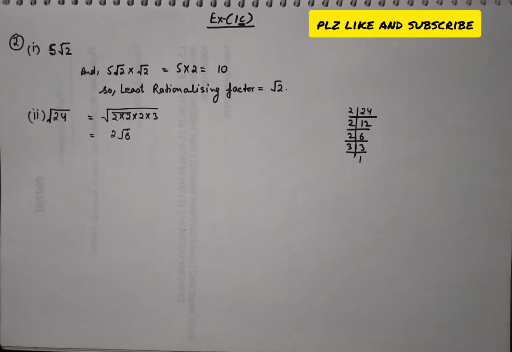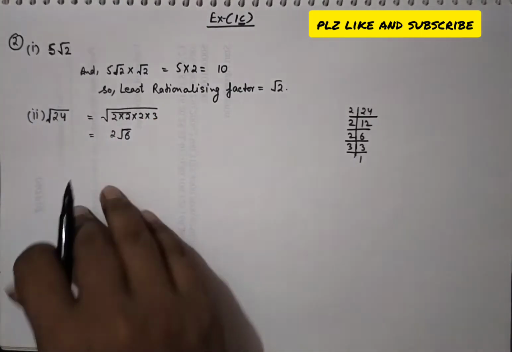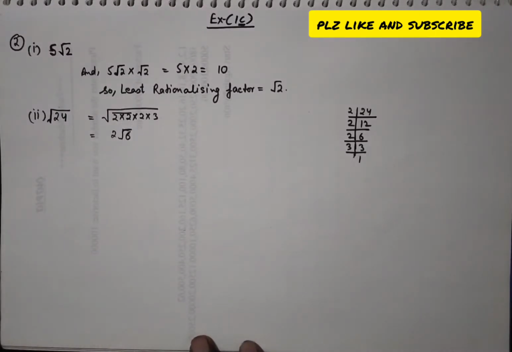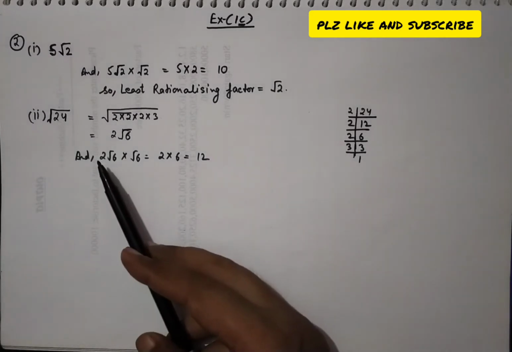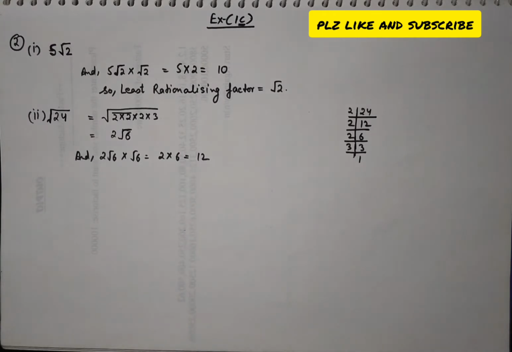And now we will multiply this 2 root 6 by root 6 to get a rational number. As you see over here, 2 root 6 is multiplied by root 6 to get 2 into 6, that is equal to 12, which is a rational number. Therefore, the least rationalizing factor is root 6.